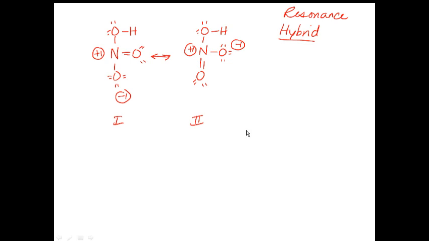To draw the resonance hybrid between two structures, I'm going to draw the core connectivity between the atoms. In other words, I'm going to draw with single bonds how the atoms are attached, which is what is common in these two structures. When I draw a resonance hybrid, I leave out the lone pairs.